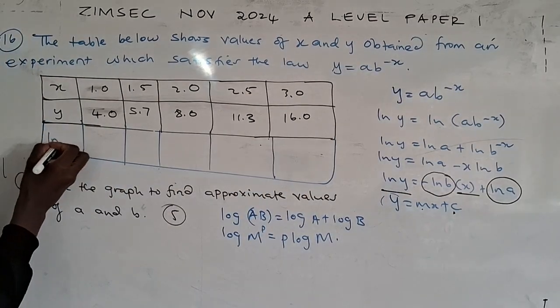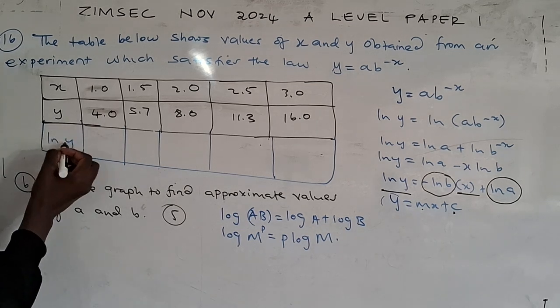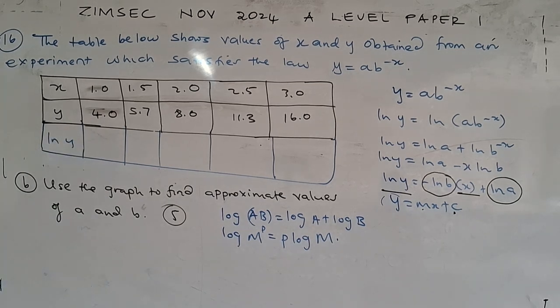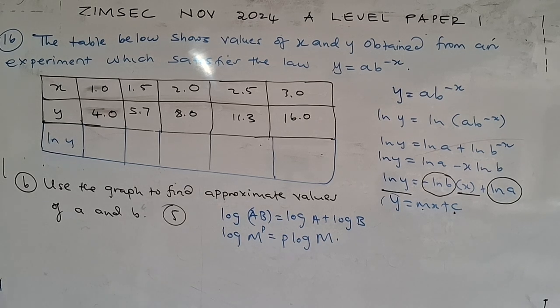So here, ln y, you should calculate. So ln y is nothing but ln 4 here. What is the answer? If you calculate ln 4, what is the answer? I'm going to write the answers here.